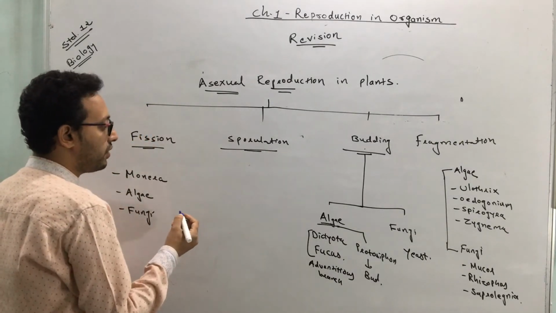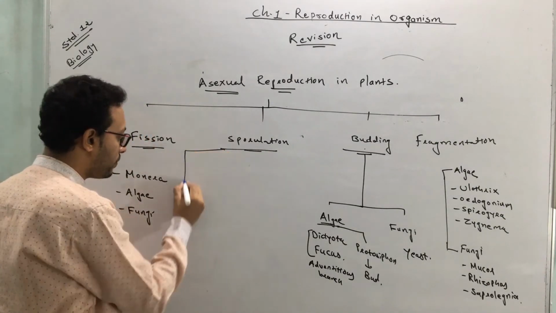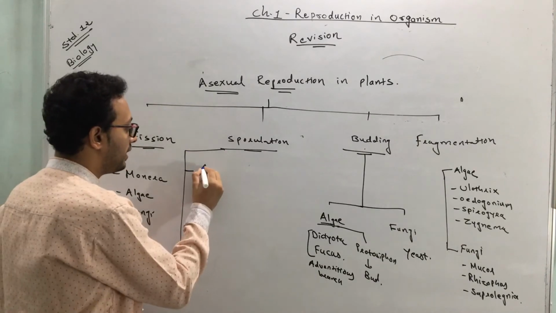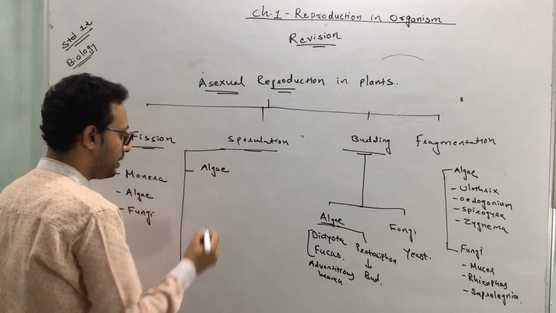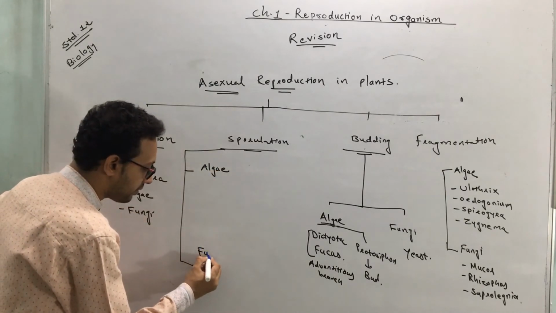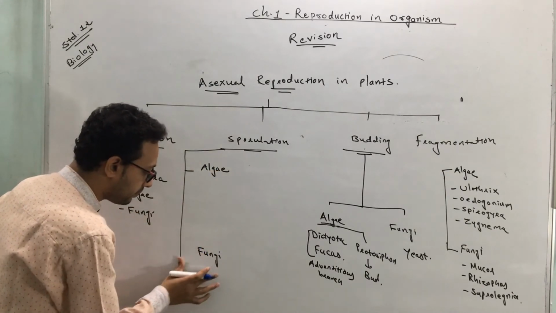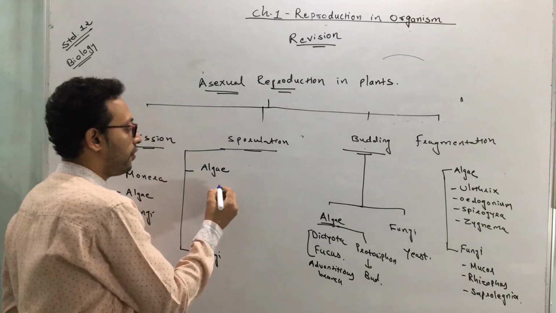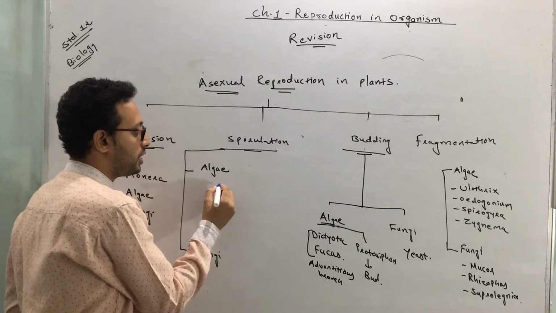Similarly, like the other living organisms, there are also two groups which reproduce by sporulation, by formation of spores: algae, and the second one is fungi. Which algae reproduce asexually by sporulation?